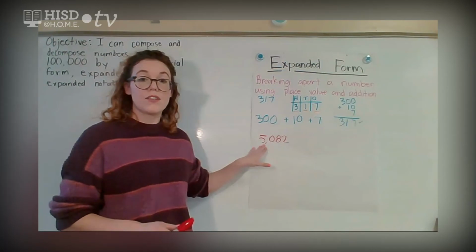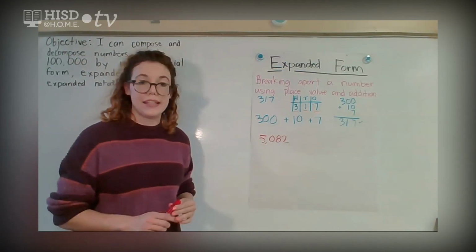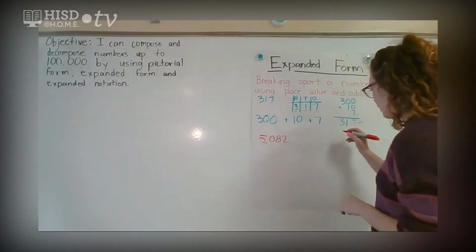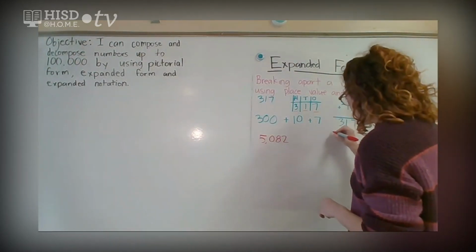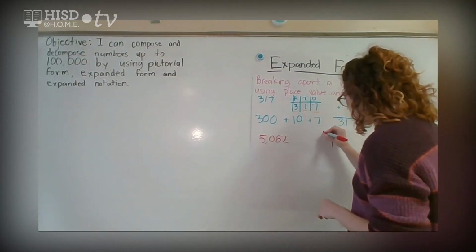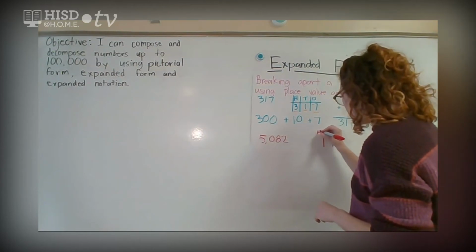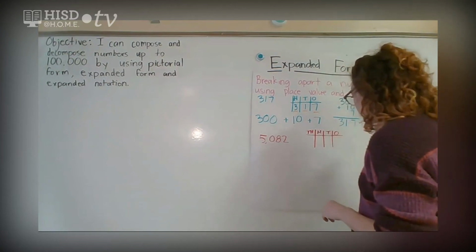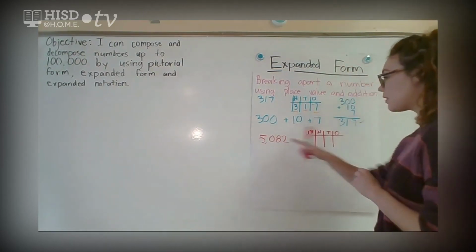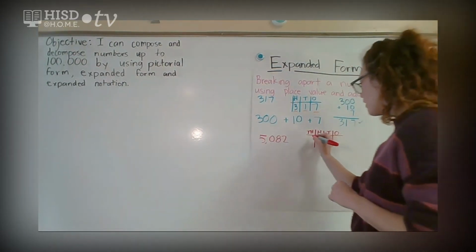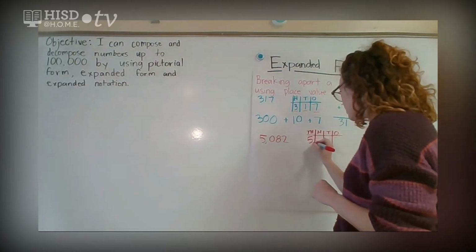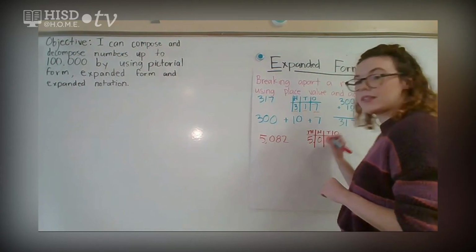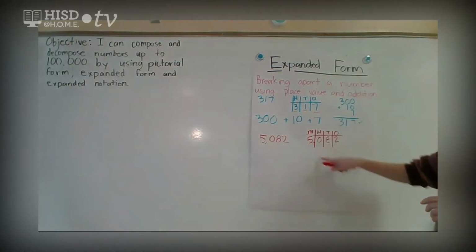Notice that there is a 0 in there. I'm going to put it in a place value chart. I have my ones place, my tens place, my hundreds place, and my thousands place. I'm going to plug my number into my place value chart. I cannot forget to put the 0 in the hundreds place.